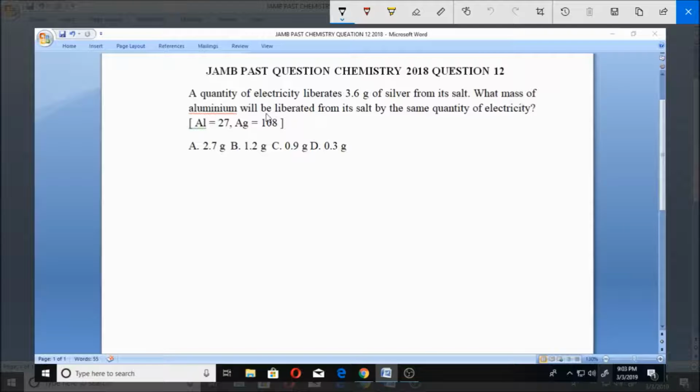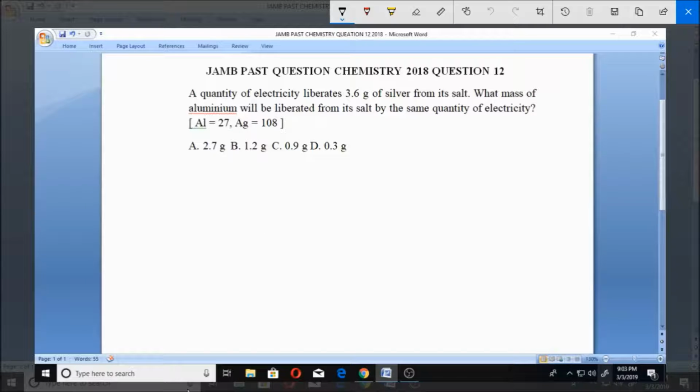What mass of aluminium will be liberated from its salt by the same quantity of electricity, given that aluminium is equal to 27 and silver is equal to 108? Option A, 2.7 gram, B, 1.2 gram, C, 0.9 gram, D, 0.3 gram.